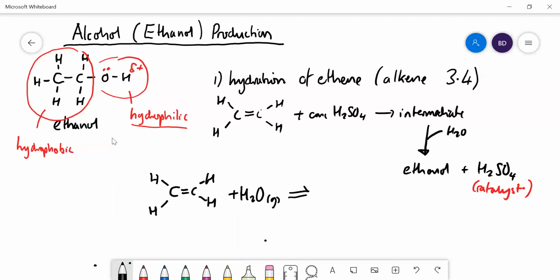It's an equilibrium reaction, and you end up with ethanol, and you need a catalyst for that. You need a phosphoric acid catalyst. So phosphoric acid is H3PO4.